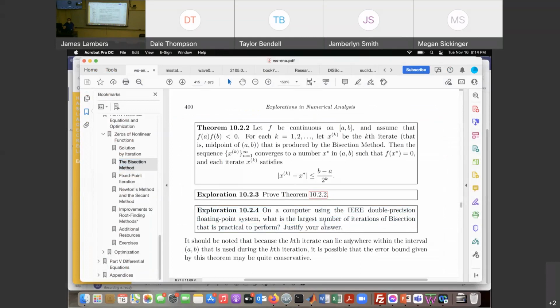If the error is being cut by a factor of roughly 2 each iteration, and you're trying to get the error down to unit roundoff, like a relative error, then there's really no need to take more than basically the precision number of iterations. The precision p of your floating point system, which in IEEE double precision is 53. So if you take 50-odd iterations, you can't really hope for more accuracy than that.